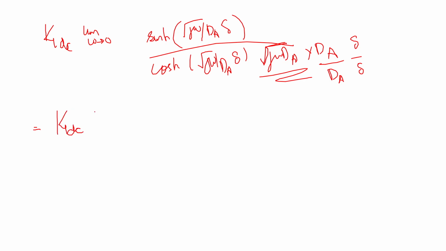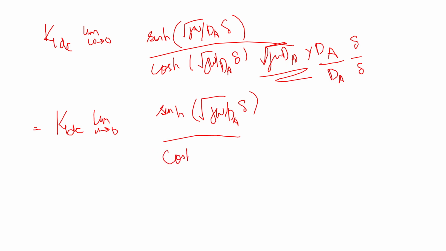k1 dc, limit omega tends to 0. You have sinh of root of j omega by dA del, cosh of root of j omega by dA into del.